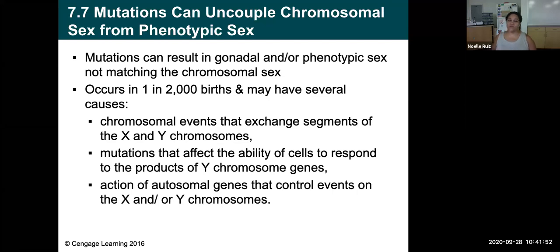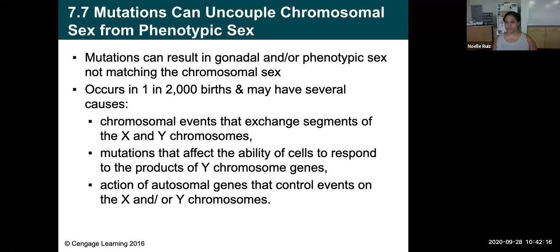So a few causes: chromosomal events that exchange segments of the X and Y chromosome. There are mutations that affect the ability of cells to respond to the products of Y chromosome genes. So the products would be the testosterone. You don't respond to the testosterone or the AMH, the anti-Müllerian hormone, just right.